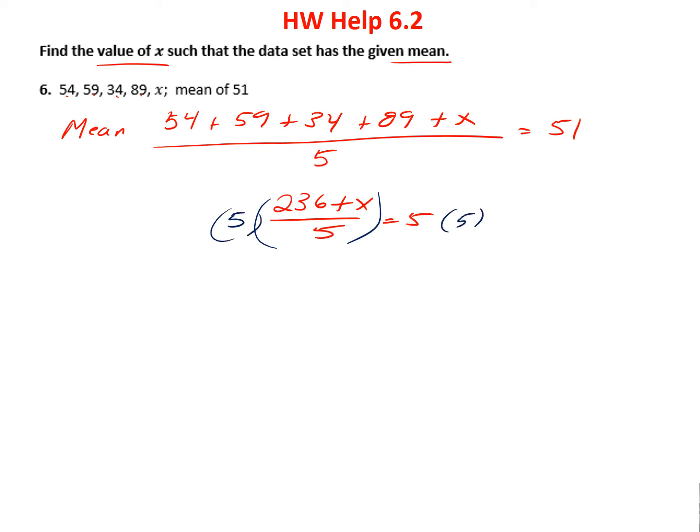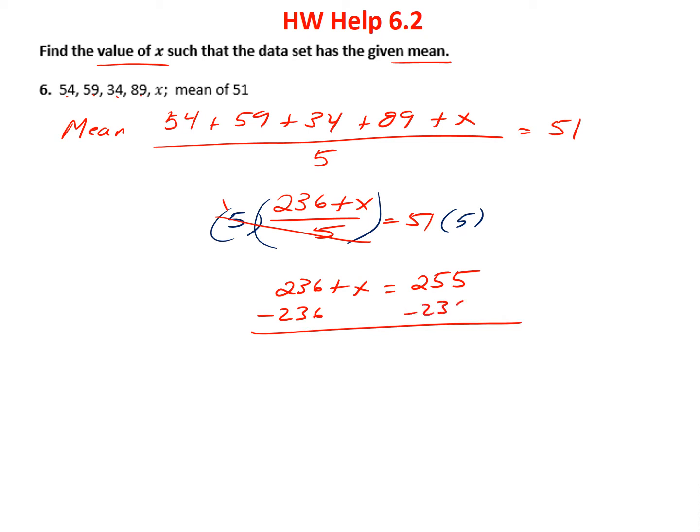So as a result, we end up with 236 plus x, because 5 divided by 5 is 1, and that's going to equal 51 times 5 here. That's going to equal 255. So now we undo this by subtracting 236 from both sides, and we discover that x equals 19. And there's our answer.